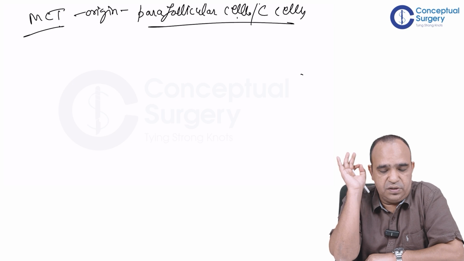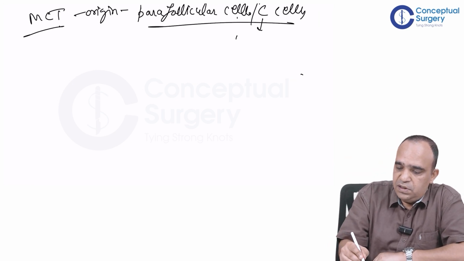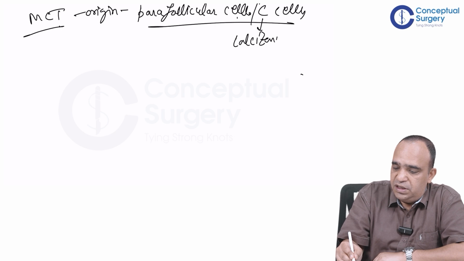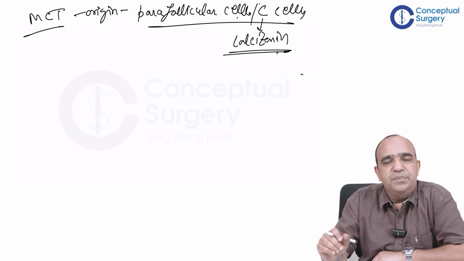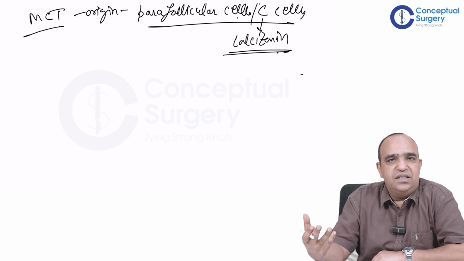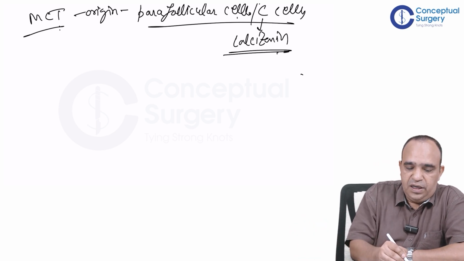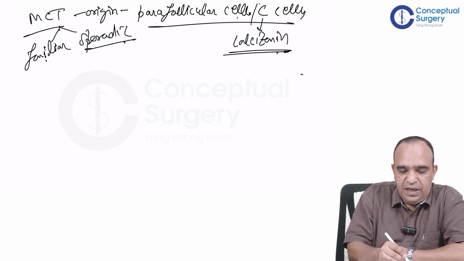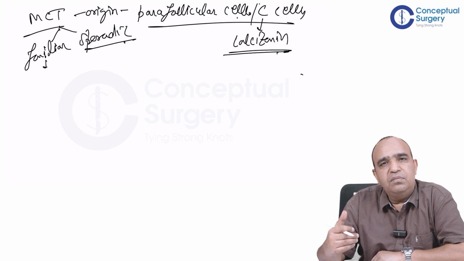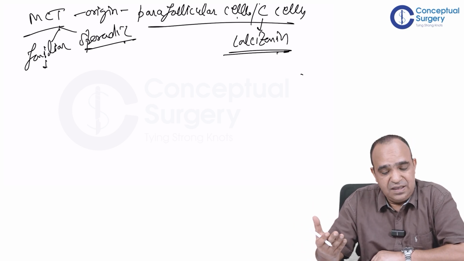First and the foremost important question about it. C is for calcitonin. These cells, it's a calcitonin secreting tumor. They produce so high calcitonin. Okay, so medullary carcinoma, it can be familial, it can be sporadic. Familial is more aggressive, more seen at younger age, more metastasizing.